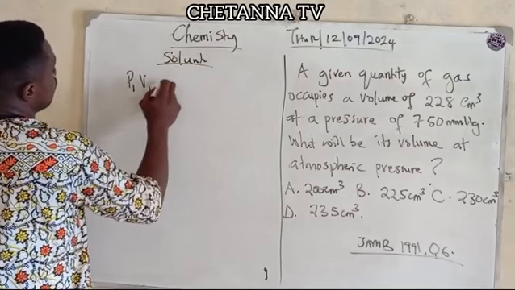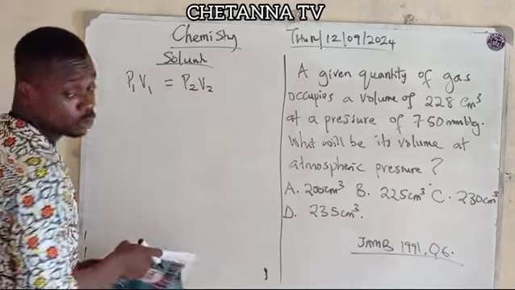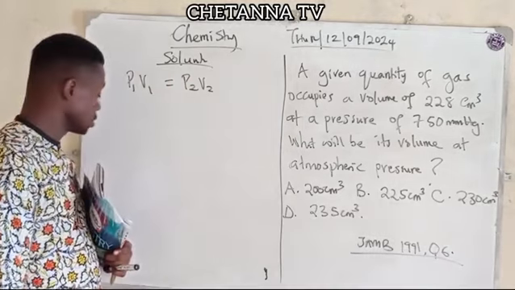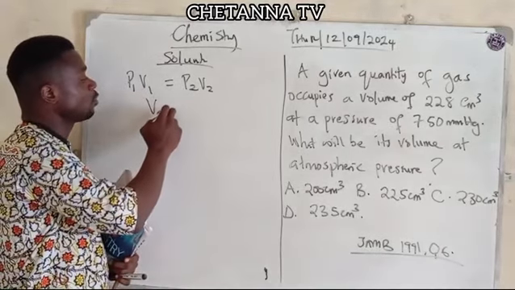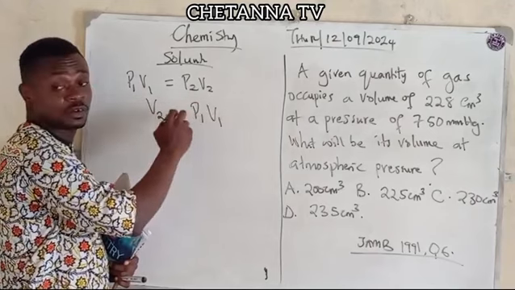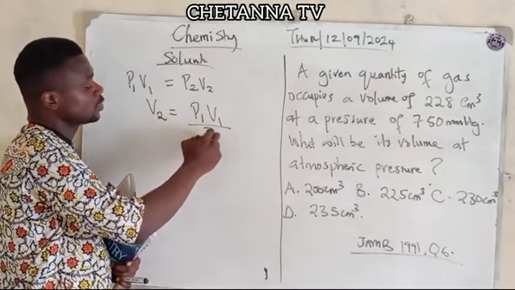V1 is equal to what? We are looking for V2, right? So V2 is now equal to P1 V1 over P2.